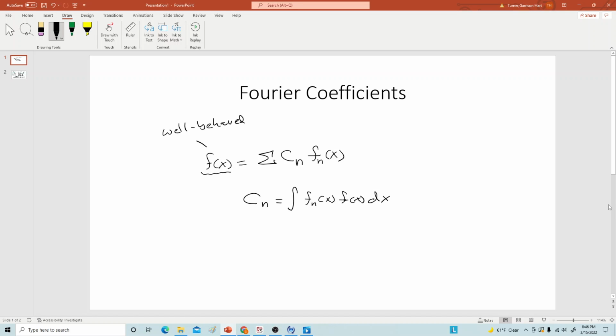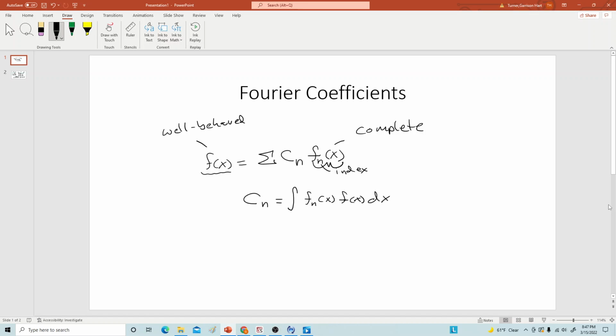call complete functions. Okay, so if your f sub n series of functions is complete, and completeness by definition means that you can write any well-behaved function as a series of these complete functions, then what's going to happen is each of these complete functions, now n here is going to be an index, right?